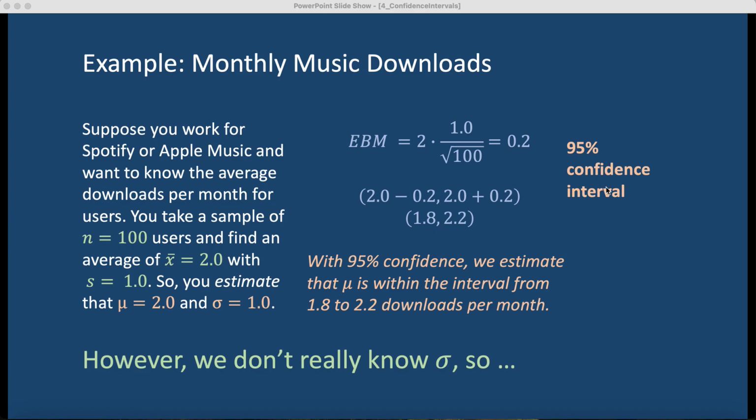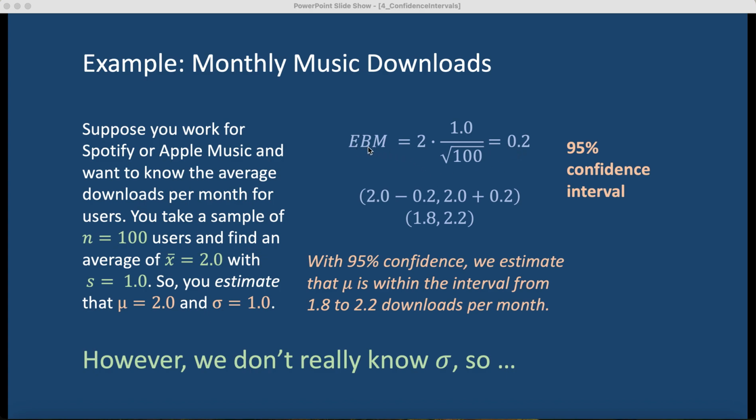So here we're calculating the 95% confidence interval for this particular example. We have a mean of 2.0 and a standard deviation of 1. We calculate the error bound for the mean by doing 2 times 1 over the square root of 100. This part right here is the standard error of the sampling distribution. 2 times that value gives us our 2 standard error range, and it corresponds to 0.2 in this case.